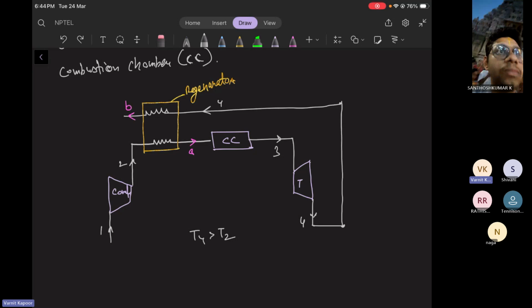After the turbine, the exhaust was at T4, and that exhaust entered the regenerator once again, which gave its heat to the output of the compressor. All right, I hope this is clear.